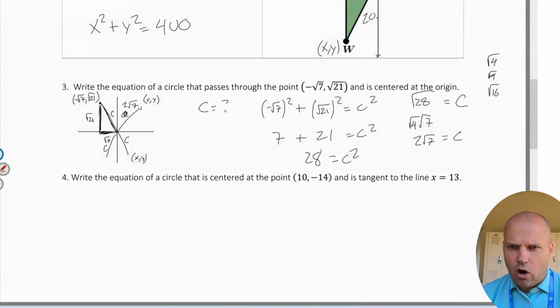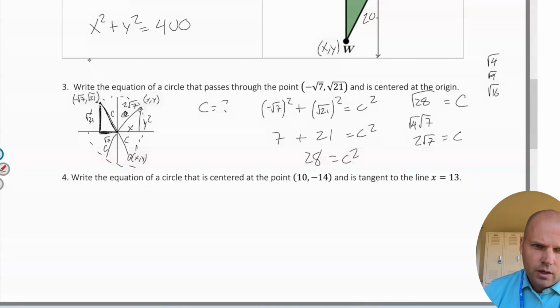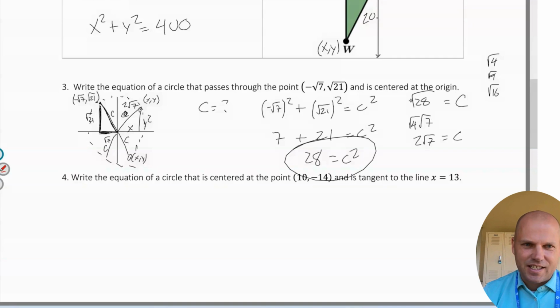Now we want all of the infinite amount of points that are 2 root 7 away. These are all of the x squareds plus y squareds that equal 2 root 7 squared. Oh, 2 root 7 squared is 28. Look at how I did something that is not necessary.